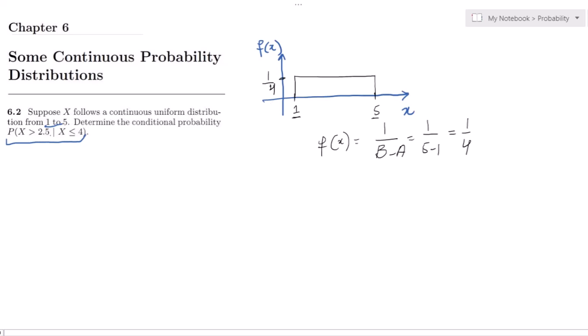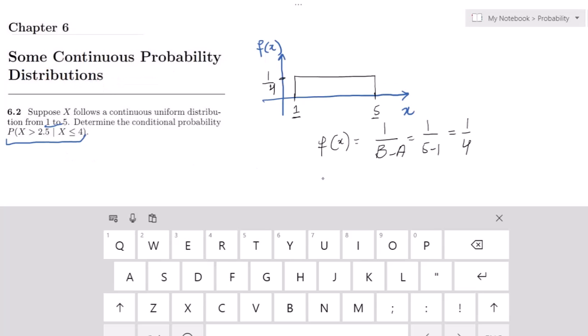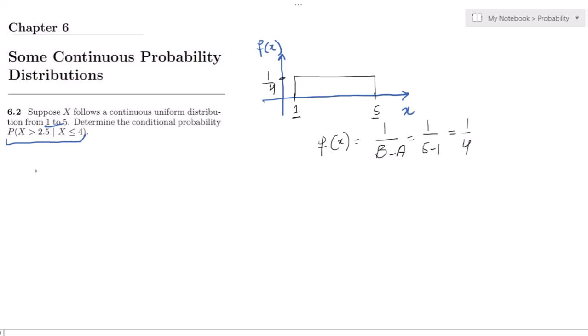Now, this is the conditional probability, but we can follow two methods to solve this question. Let me solve it by using method number 1. I have to use the probability that x is greater than 2.5 given that x is less than or equal to 4.